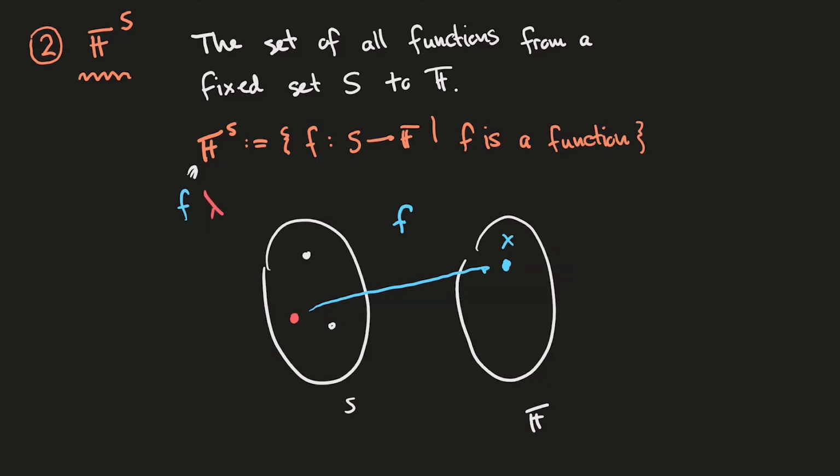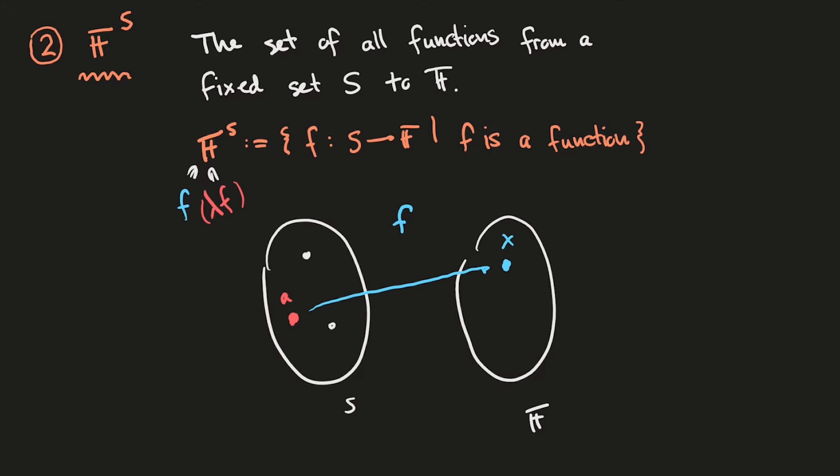The case of scalar multiplication is even simpler. So given some function f in F^S, we want to generate a function lambda f in F^S for some scalar lambda which lives in F. And how do we do this? Well, we do a similar thing as we did for the addition. If we want to define a new function, we again have to decide where to map an element of S. So in this case, we focus on the red element again, which I'll call a.